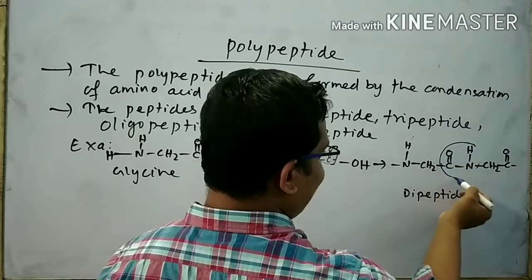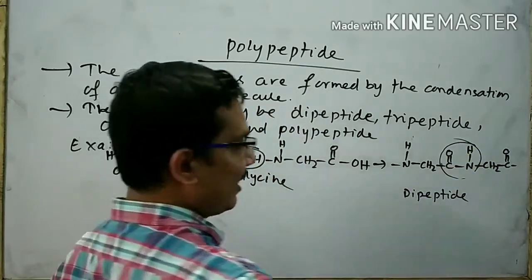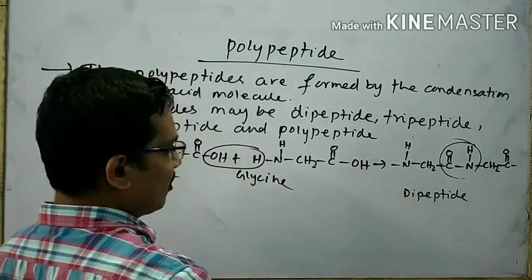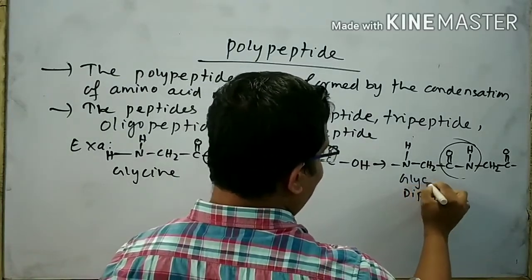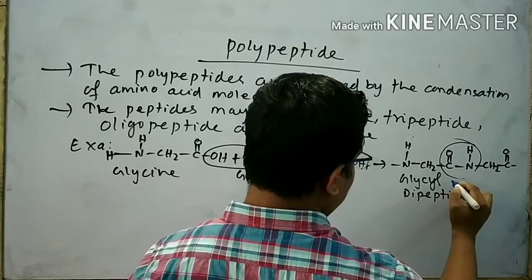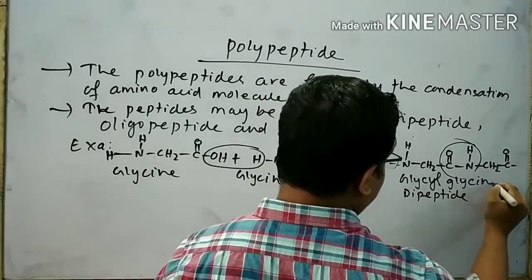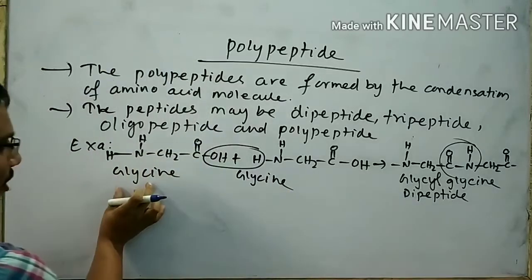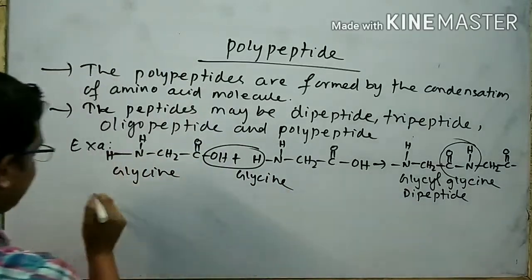Here this amide linkage is called peptide linkage, and this is said to be dipeptide. The name of this compound is glycylglycine. This name is given by following these two names.